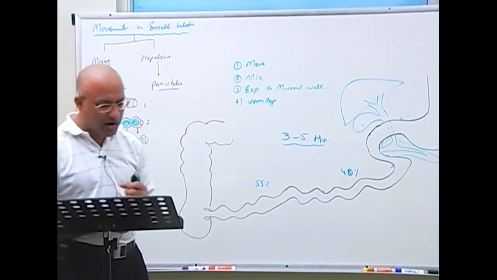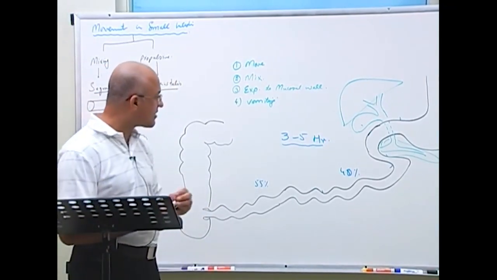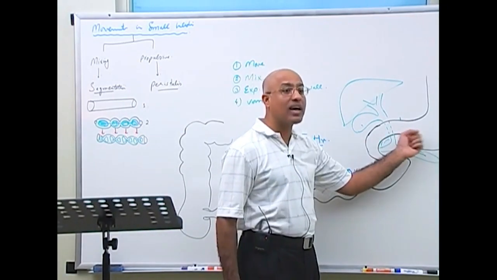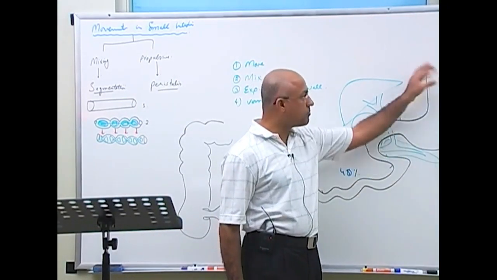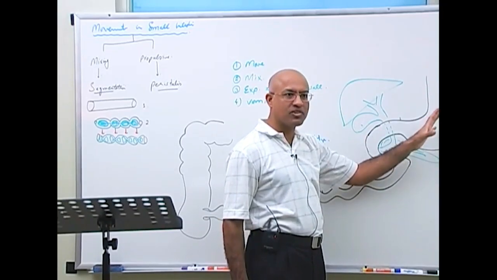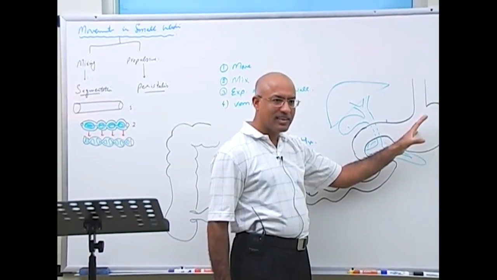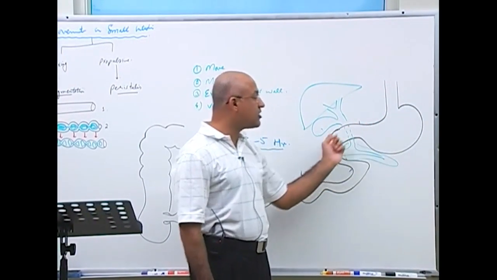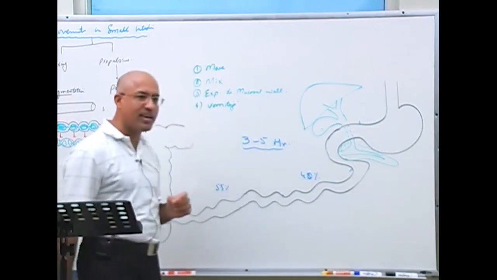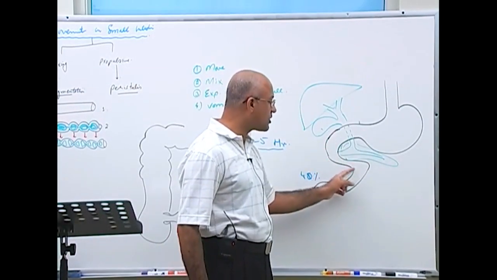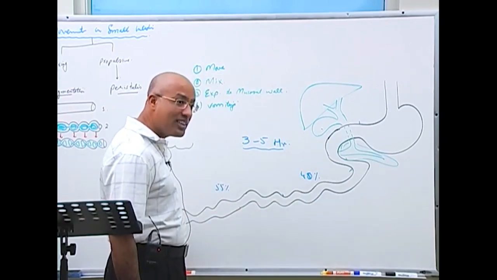Then another thing about the movement of the small intestine is the gastroileal reflex. When you take a decent meal and the stomach becomes stretched or distended, it increases the movement in the small intestine. Why? Because a new meal has arrived, so let's move the things which are already there more distally.